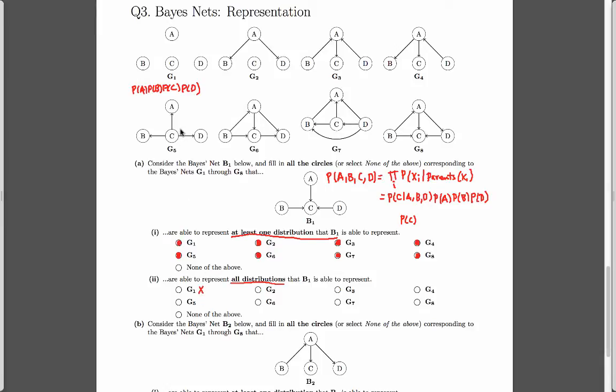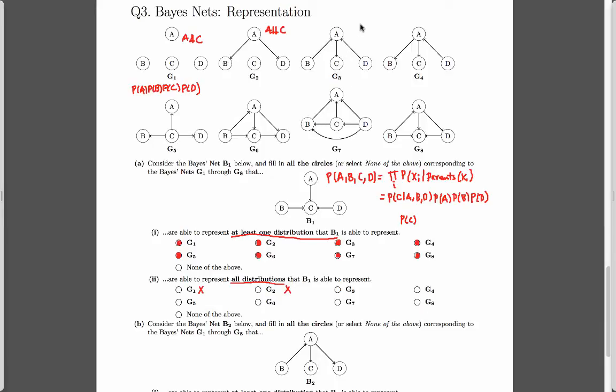This network basically makes the assumption that A is independent of C, for example, and this independence assumption isn't made in B1, so therefore it's not able to represent all the distributions that B1 can represent. Now if we look at G2, we can also find that this graph makes the same assumption that A is independent of C, so therefore it can't represent all the distributions that B1 is able to represent.